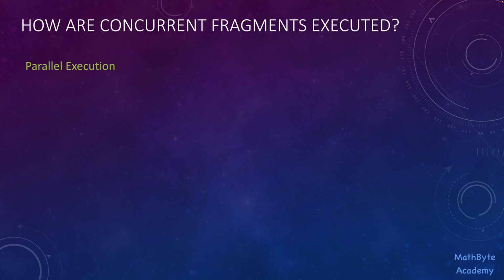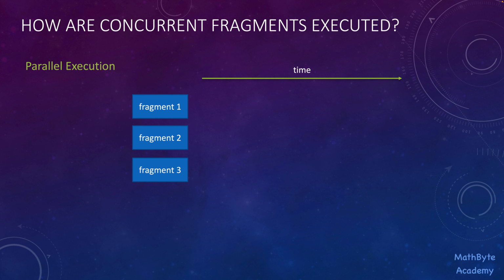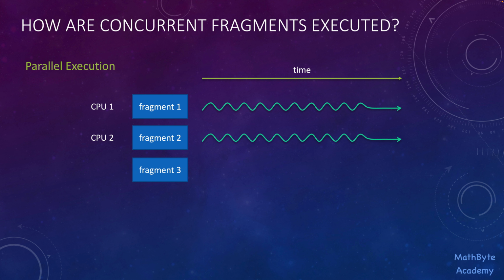Well, one way of doing it is indeed parallel execution. So you have fragment 1, 2, and 3 that we had in our example. And so what happens is that you could use CPU 1 to run fragment 1. At the same time, fragment 2 could be running on a second CPU or a second core, but it's doing it at the same time.